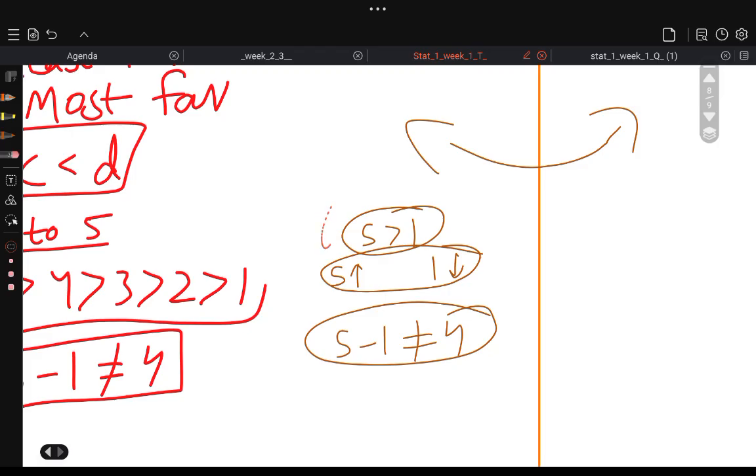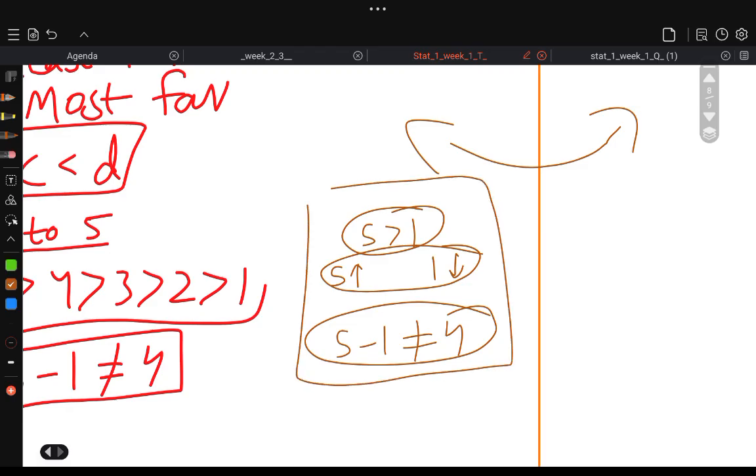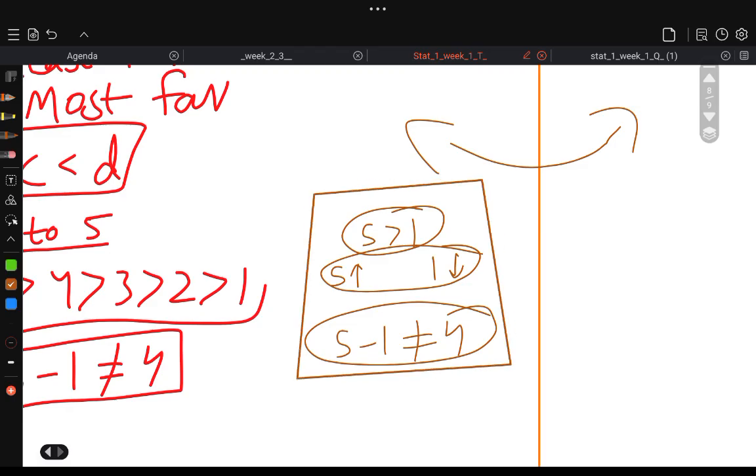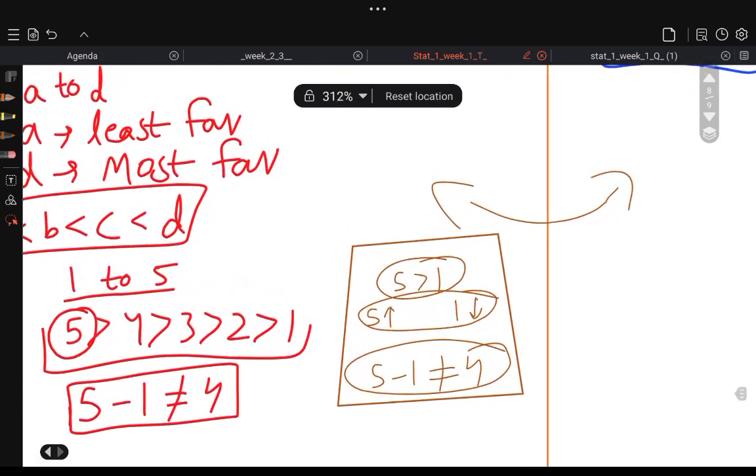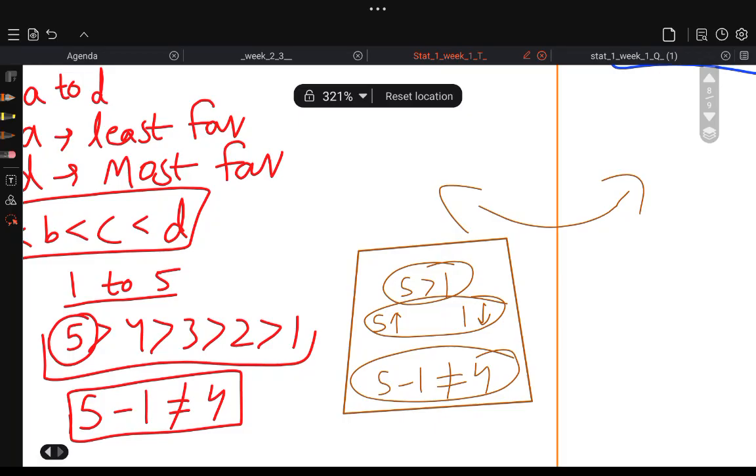So it is the basic difference. We might conclude everything about it if it is a number, but we cannot conclude everything. So 5 minus 1 is not 4, but we can say that 5 is greater than 1.